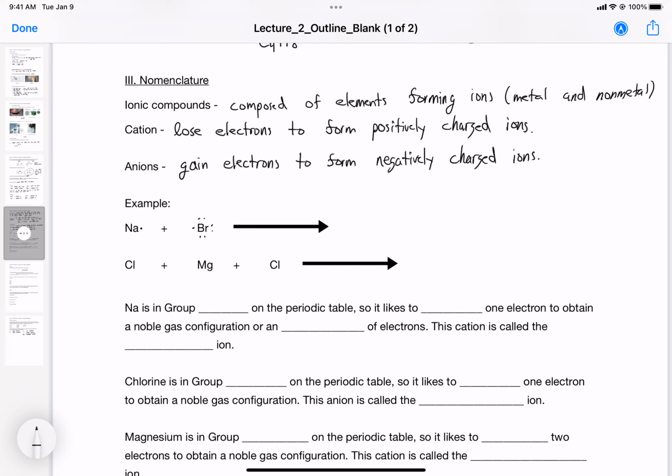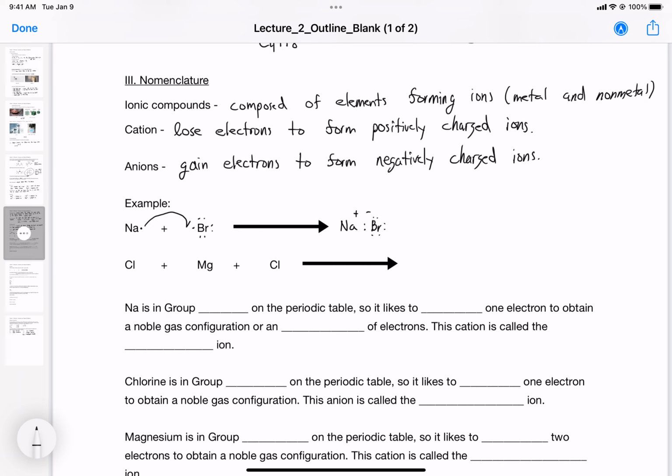Okay. So what happens here is these atoms will react where sodium will donate its electron to bromine, and now it will form a pair of ions. So that's an ionic compound. Sodium has lost an electron, so we say it's positive 1. Bromine now has 8 valence electrons around it, and now it becomes negative 1 charge. And when this happens, this interaction of positive and negative charge becomes an ionic bond.